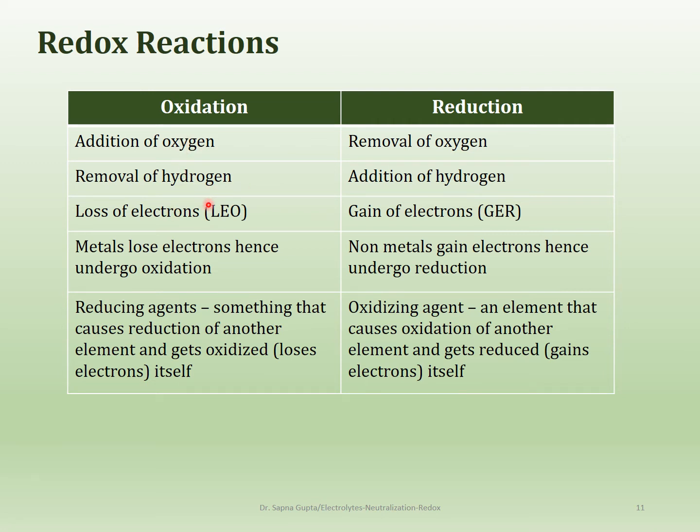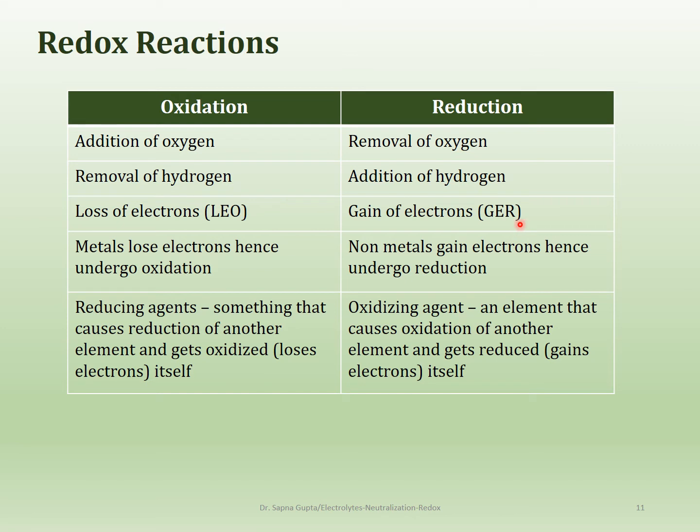The last definition for oxidation and reduction is by electrons. Loss of electrons is oxidation. So anything that loses electrons is undergoing oxidation. Anything that is gaining electrons is undergoing reduction.